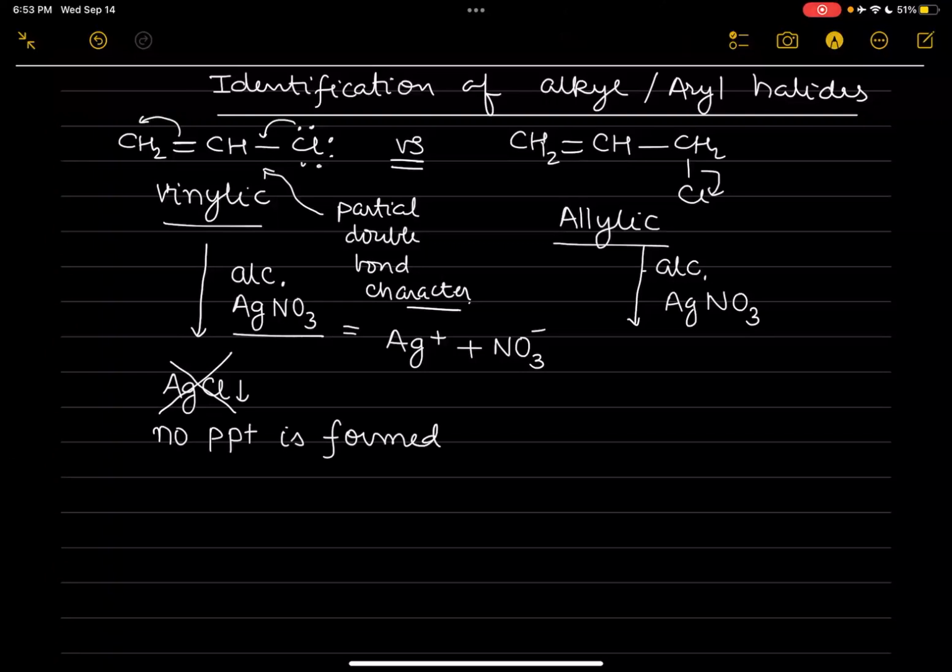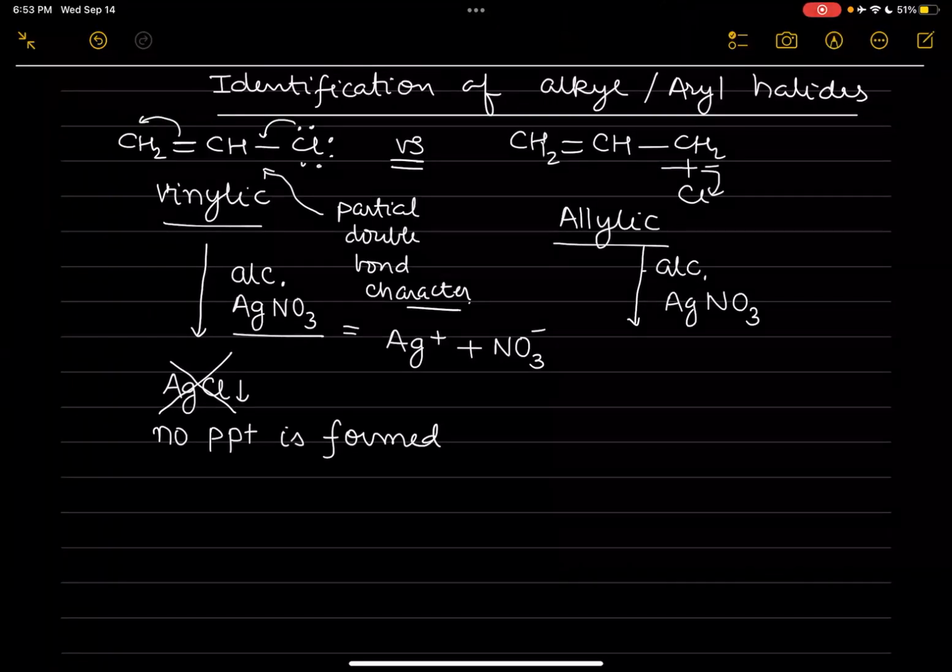Is it clear? Rayan, Himad, Anushka. Yes, sir, clear. In this case, Cl can come out very easily, okay? Because it is not directly connected to the doubly bonded carbon. Because it can come out easily, once the Cl minus comes out and you have Ag plus, both form an insoluble white precipitate.